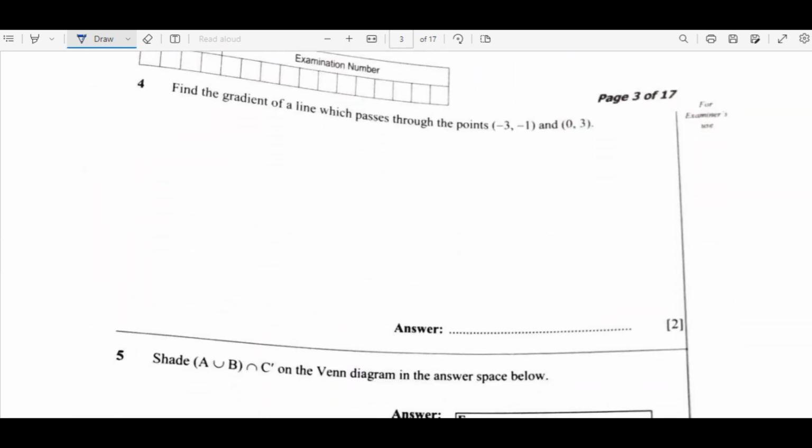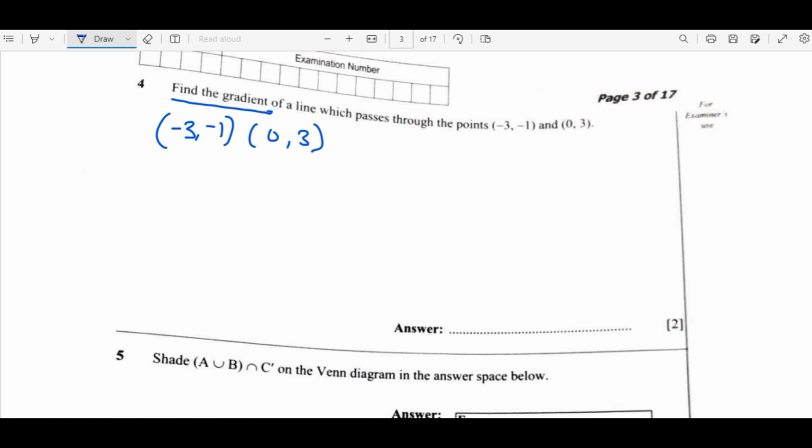The 4th question is: find the gradient of a line which passes through the points -3, -1 and 0, 3. So how do we find the gradient?